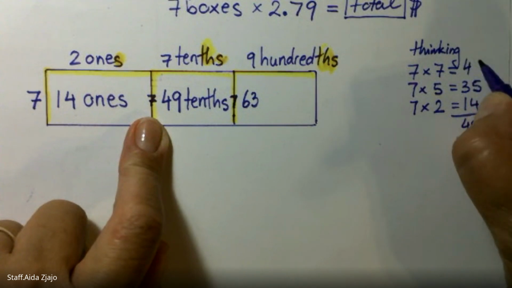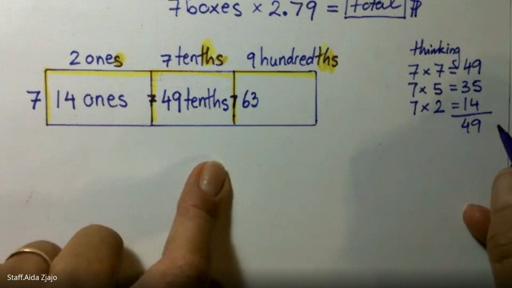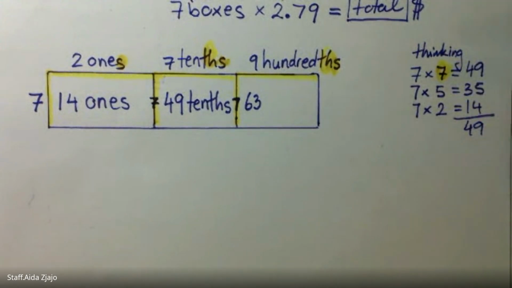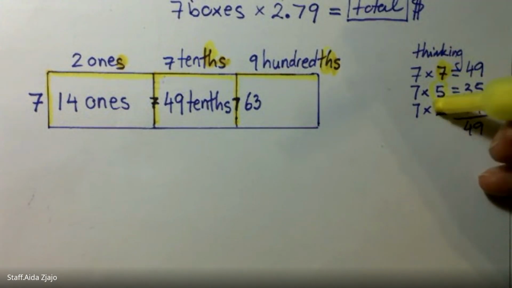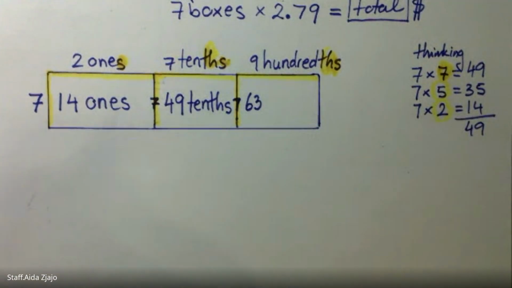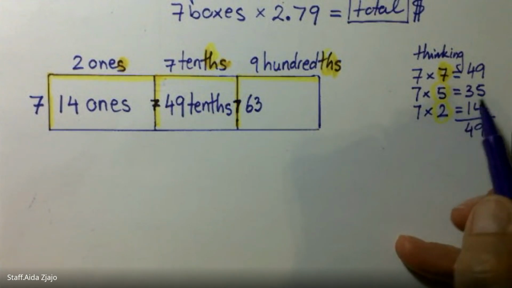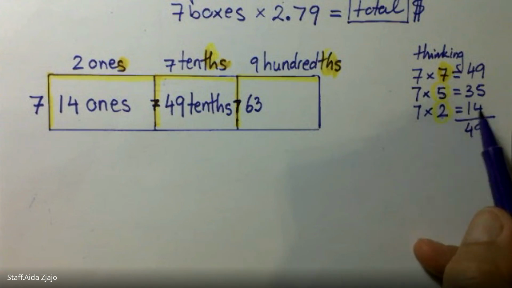So 7 times 7 is 49, by decomposing 7 into 5 and 2. You know since second grade how to skip count by 5 and by 2, and it's easy to skip count by 5s and 2s to get your multiplication facts.